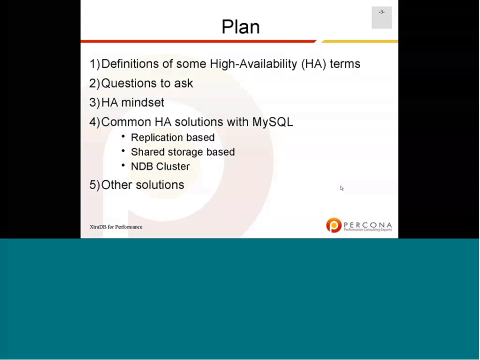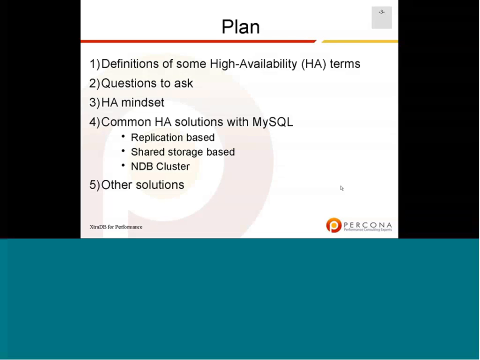Of course, an HA solution requires a specific mindset. I'll then discuss that. And finally, I'll present the most common solutions regarding high availability with MySQL. I will introduce each of them, the pros and cons, so you'll be better equipped to decide which solution is the best for you.